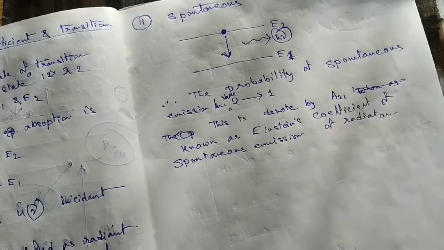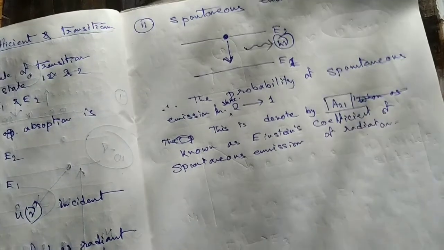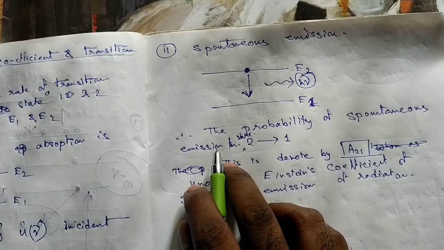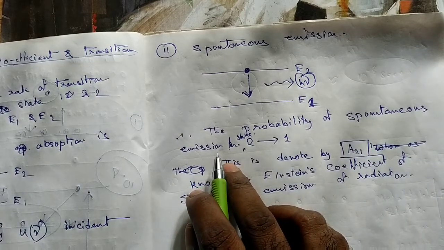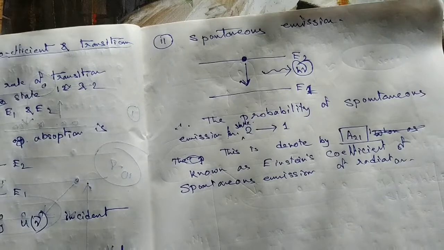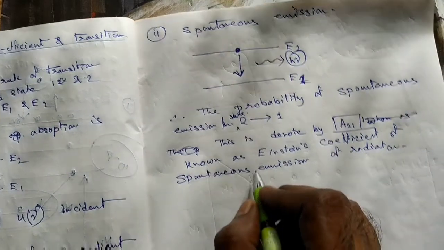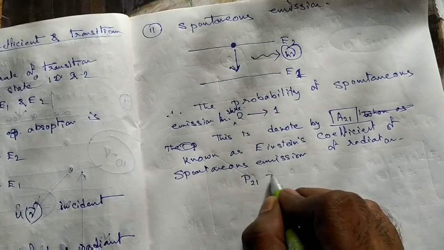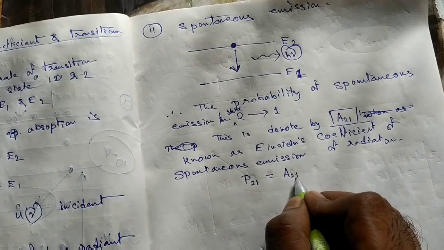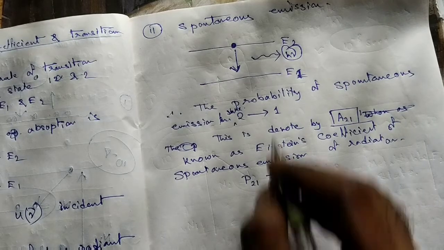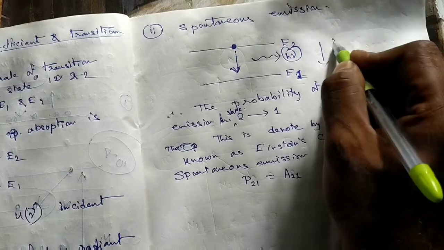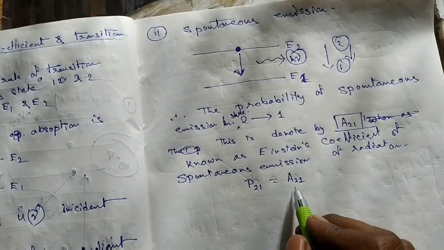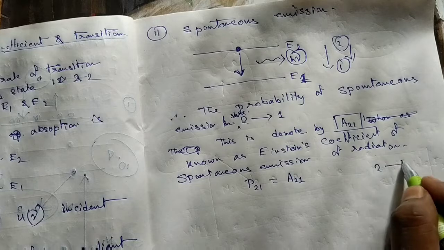So this A21 denotes the probability of the spontaneous emission rate. That means P21 is equal to A21, because this transition is from the second state to the first state, so that's why we write the suffix 21.